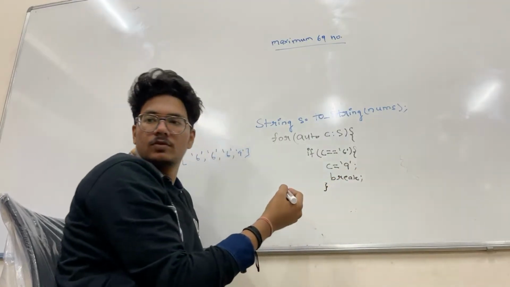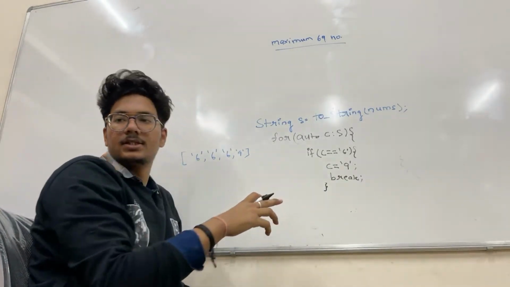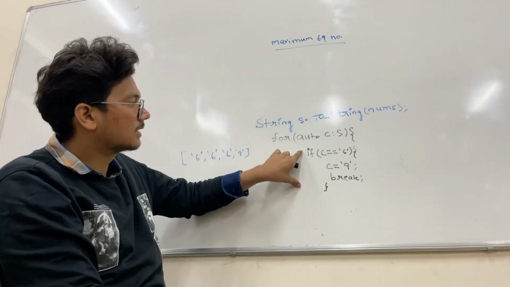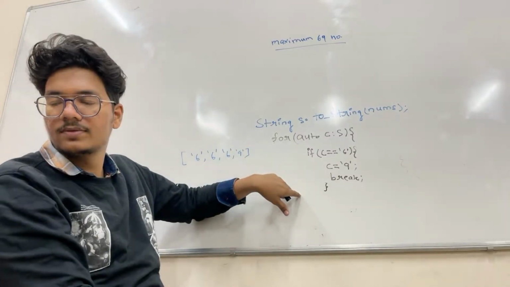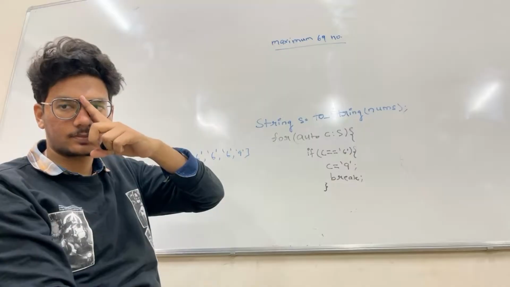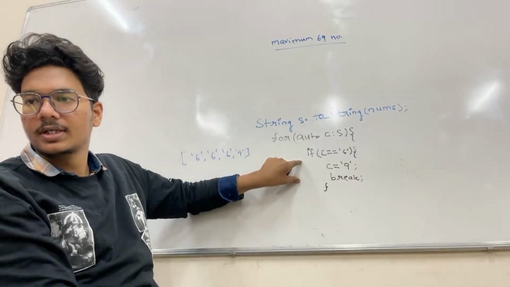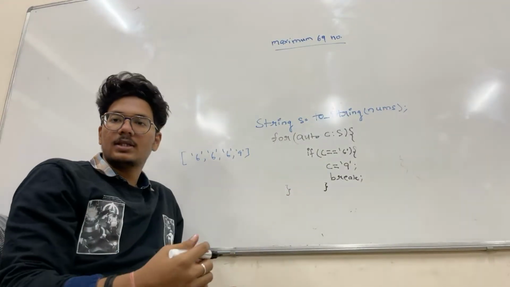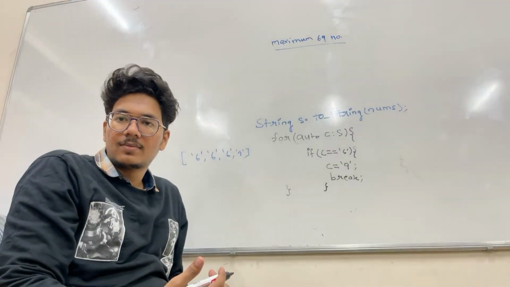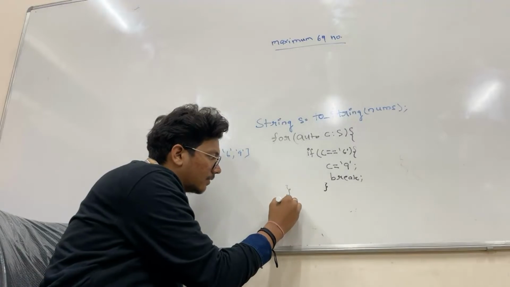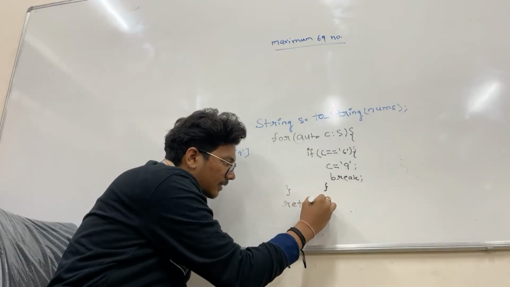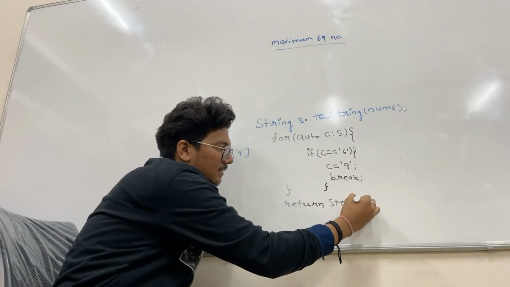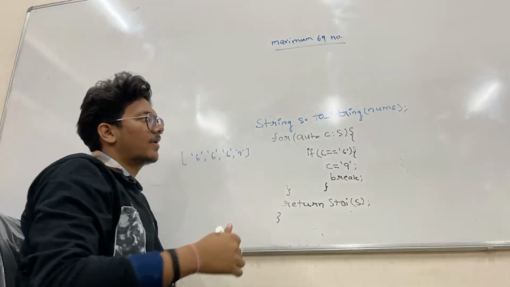After this loop closes, we have to return the integer, so we return the string converted to integer. This was the final answer.